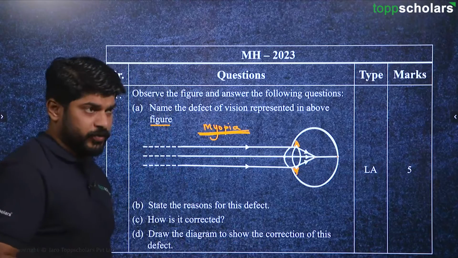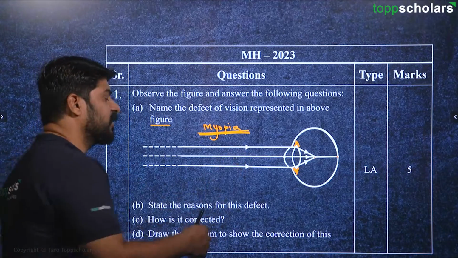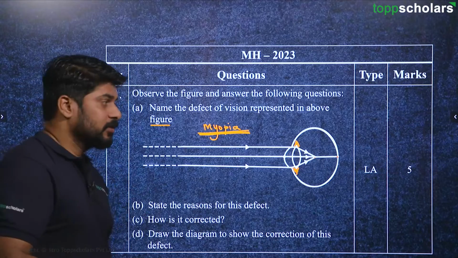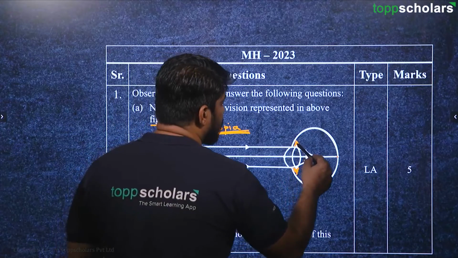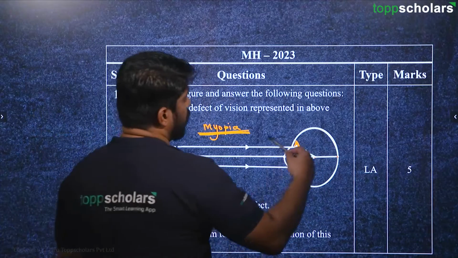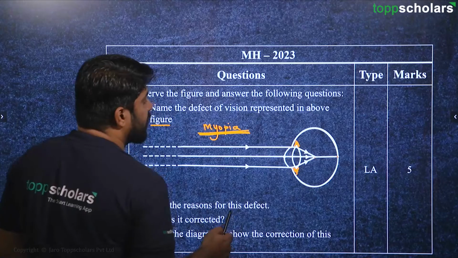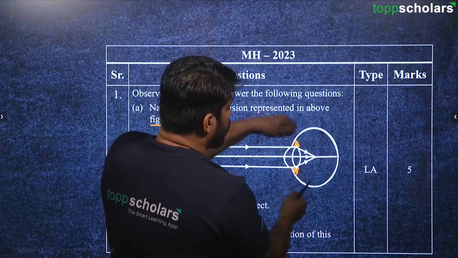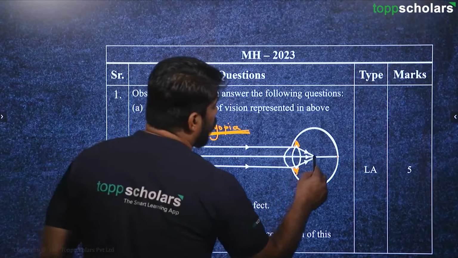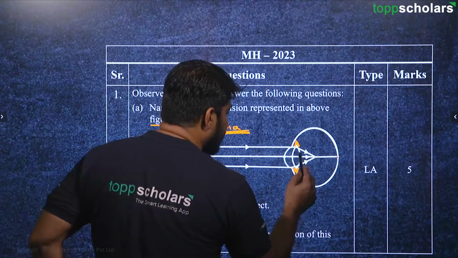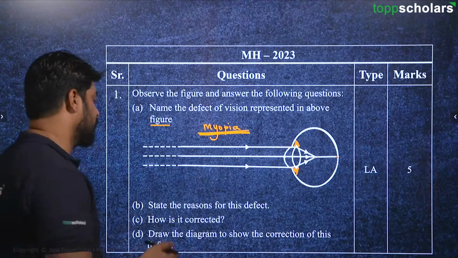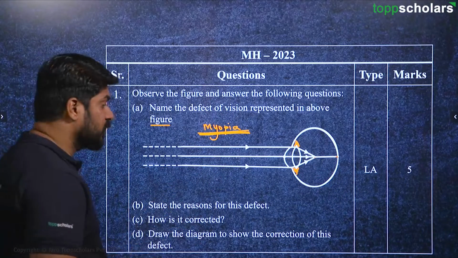So one of the reasons for this particular defect is the aging of our eyes, right? Due to aging, sometimes these ciliary muscles get weaker and they are not able to focus properly, or we can say they are not able to stretch our lens, okay, and that's why they are not able to focus the incoming light at the retina. So this may happen due to that, okay. There are multiple other reasons also.